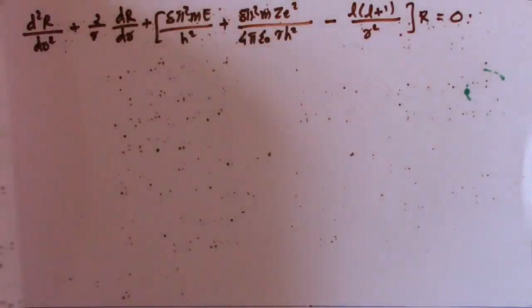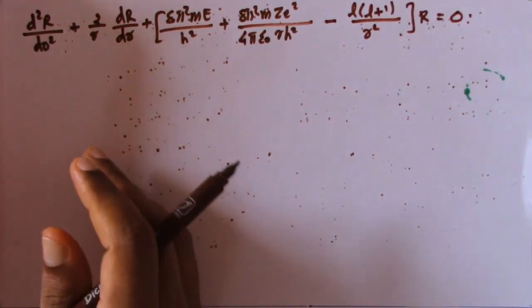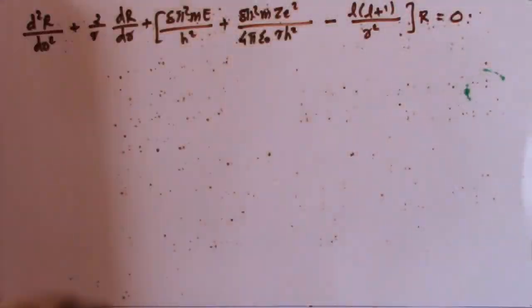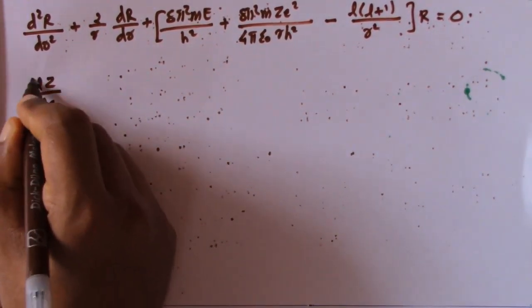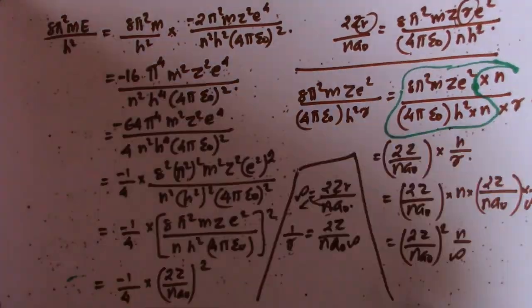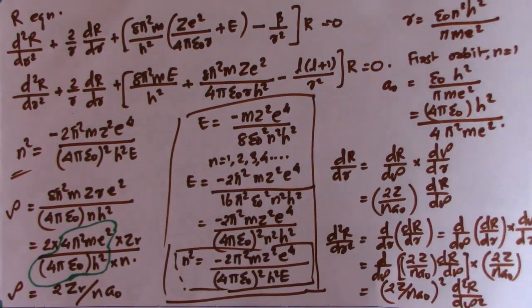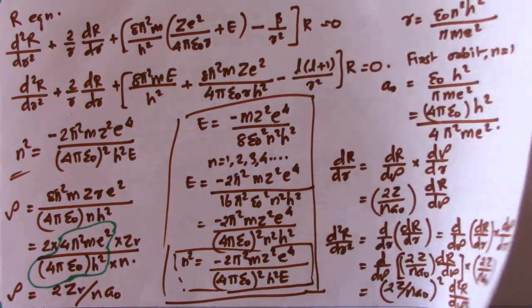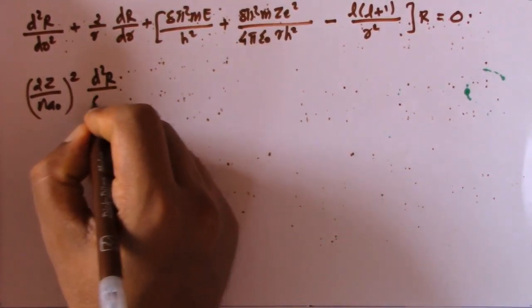When I substitute, d square R by dr square is 2z by n a0 the whole square into d square R by d rho square.